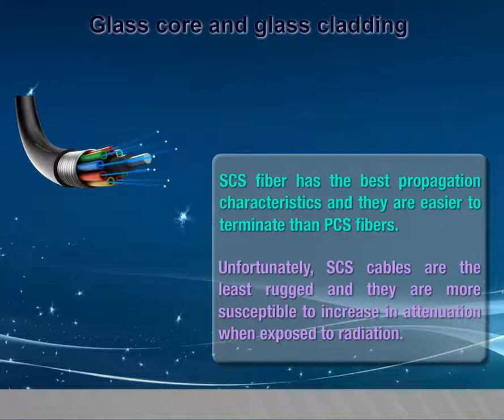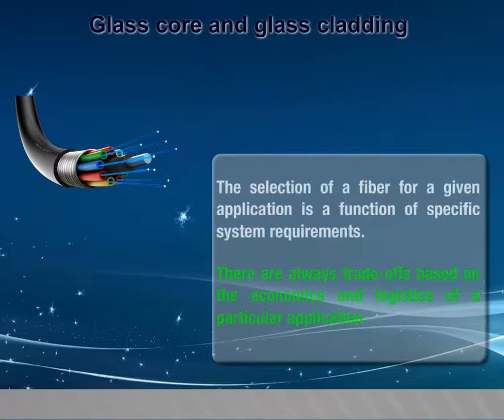Unfortunately, SCS cables are the least rugged and they are more susceptible to increase in attenuation when exposed to radiation. The selection of a fiber for a given application is a function of specific system requirements. There are always trade-offs based on the economics and logistics of a particular application.